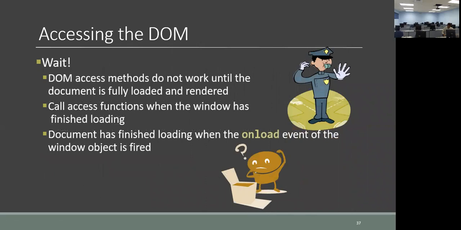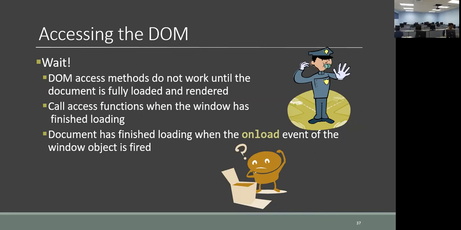Now, I mentioned this the week before. The thing to remember here is that these methods do not work until the document is fully loaded. So everything has to be up on the page and fully ready, and the document has to be in a ready state so you can access the elements and tags in your document. To know when the document is ready to be manipulated, you have to watch the onload event.